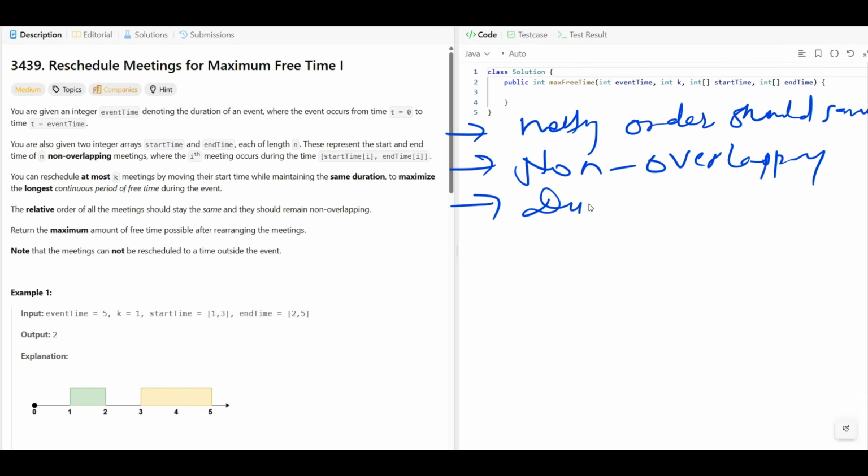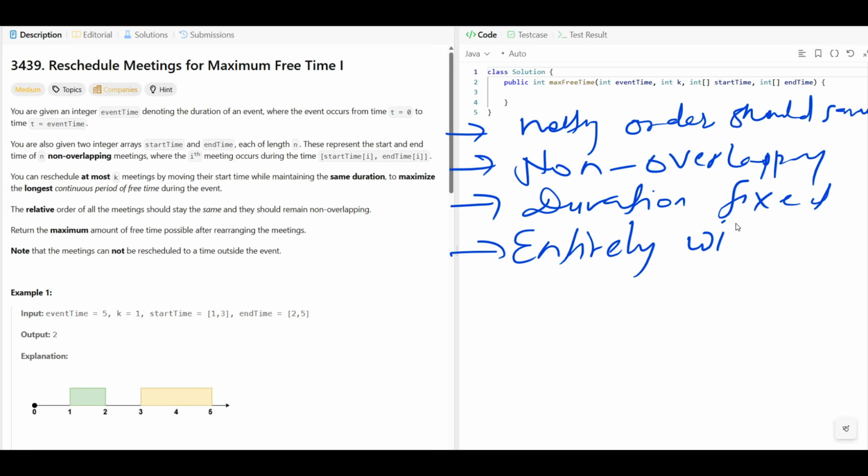Then the duration is fixed. And the third is that meetings must lie entirely within time 0 to event time.